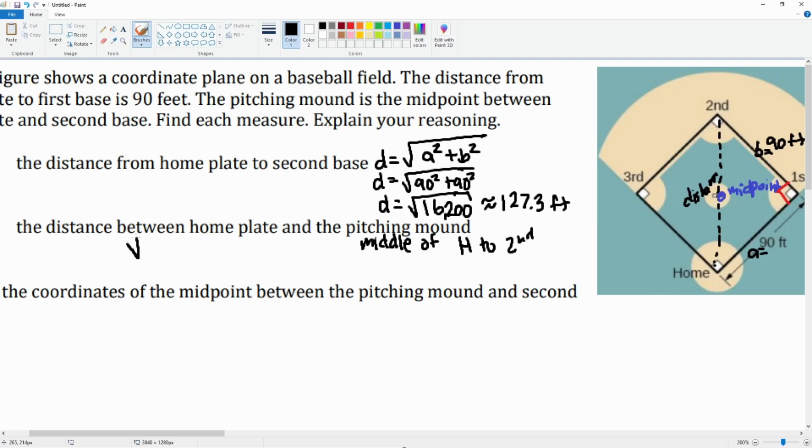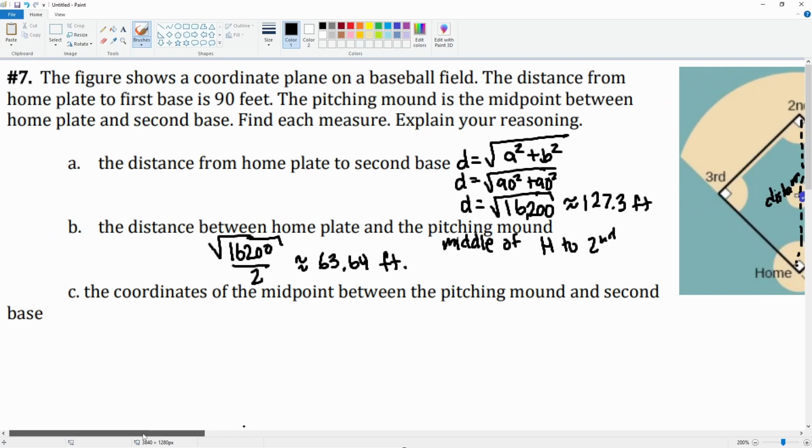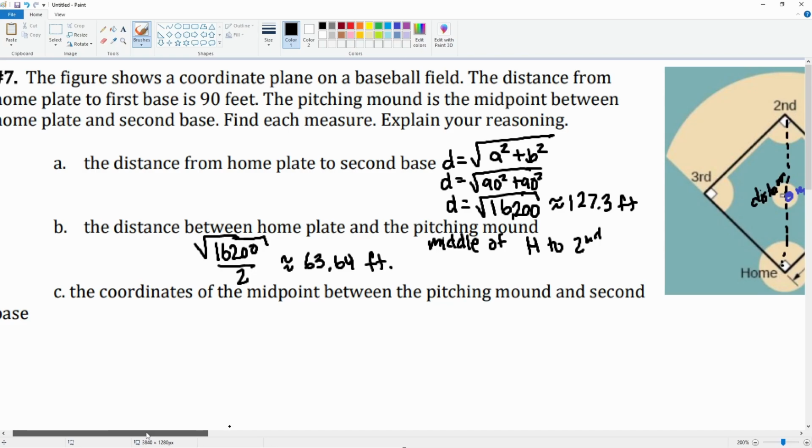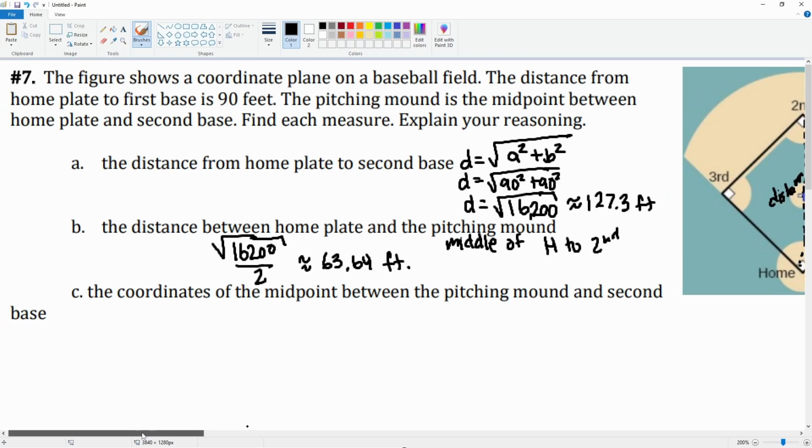So we can do the square root of 16200 divided by 2, or we can just do the decimal version, which is approximately 63.64 feet.